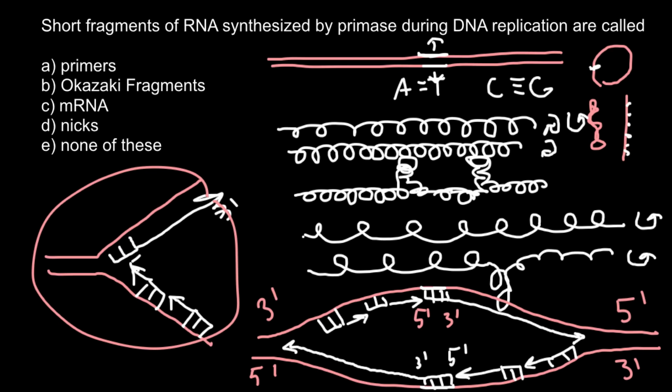And of course, as you see, our double-stranded DNA is twisted on itself. So in order to untwist it, there are such proteins like helicase that would unwind our double-stranded DNA, and helicase would create extra strain on the DNA.